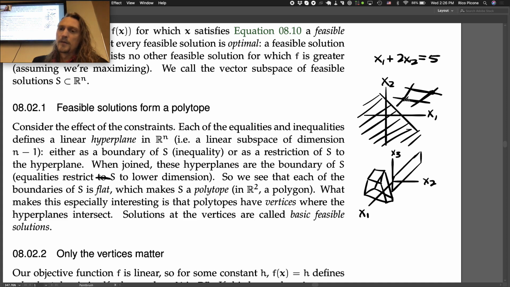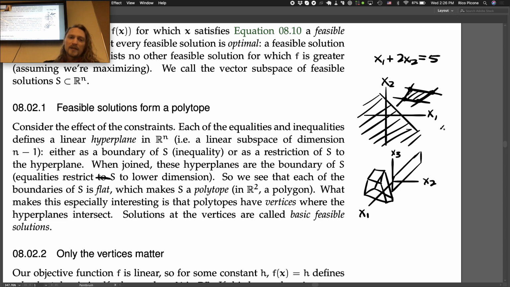Those two intersect at this vertex. So you have these vertices where the hyperplanes intersect to define your S, your solution space. Now remember, just finding something in the solution space is not really the point. We want to find the optimal solution in the solution space. These are just possible optimal solutions, all of them.